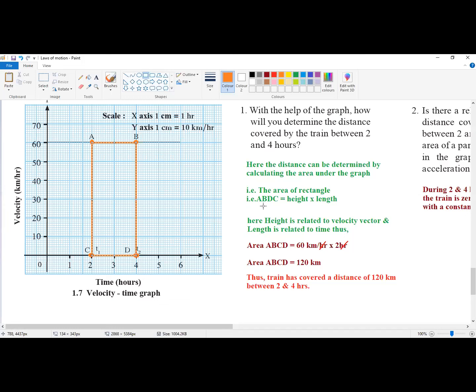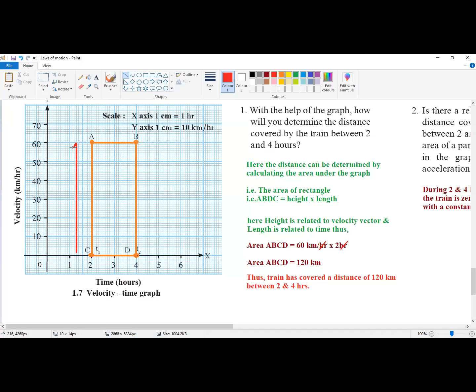So the area of rectangle ABDC is equal to height into length. But here, what is the height? Along the y-axis, along the vertical axis, you can measure its height. So height is related to the velocity vector.